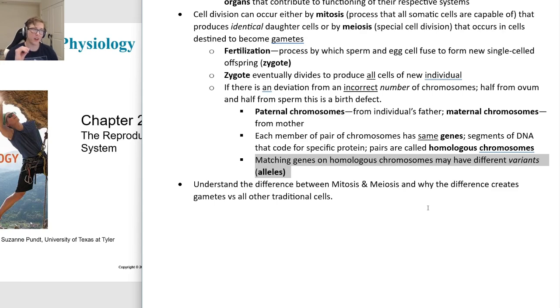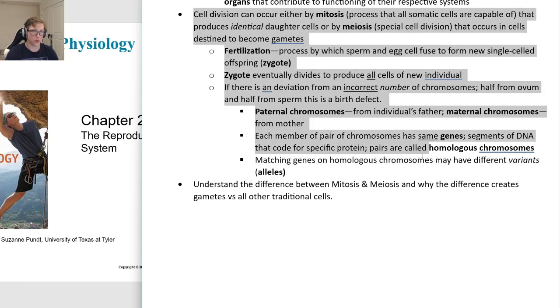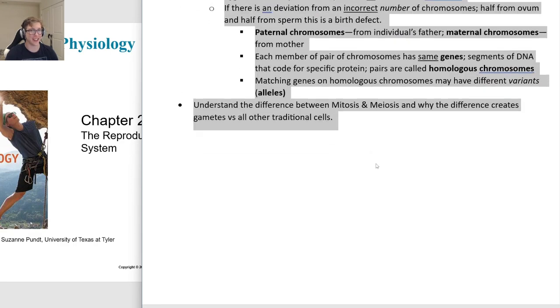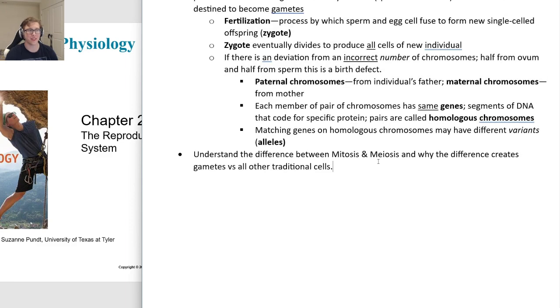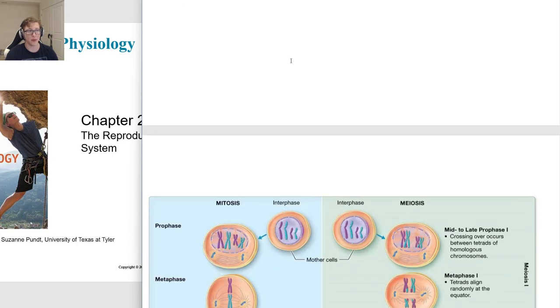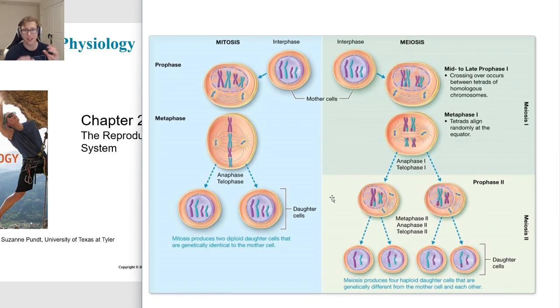Now, this whole process is essentially the study of genetics. It's crazy to know what you can actually do with genetics, but what I'm really looking for in this exam is to understand the difference between mitosis and meiosis and why the difference creates gametes versus traditional cells. We have this here, and mitosis, all somatic cells, you produce two identical daughter cells.